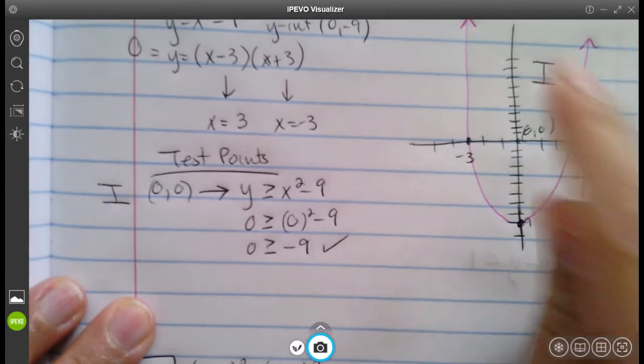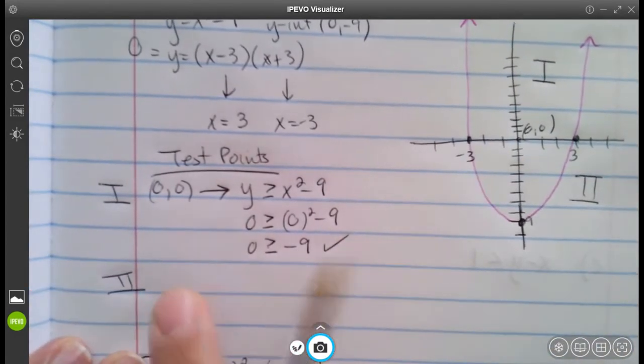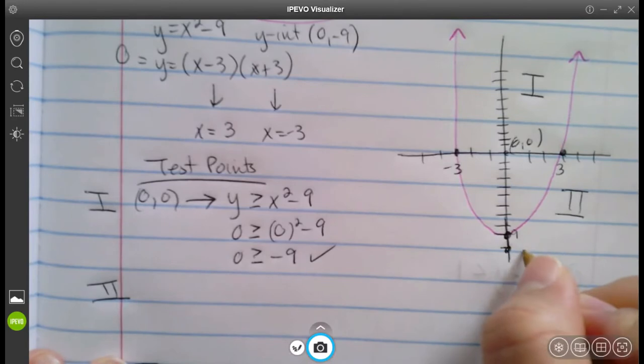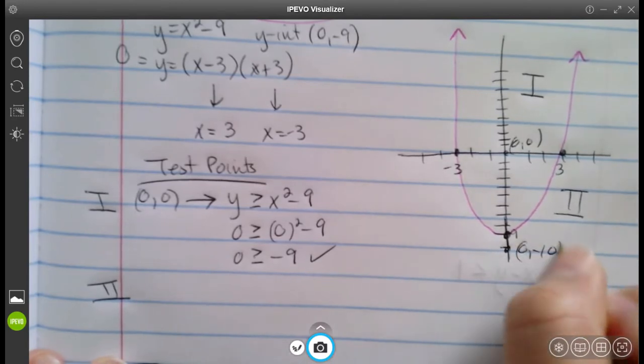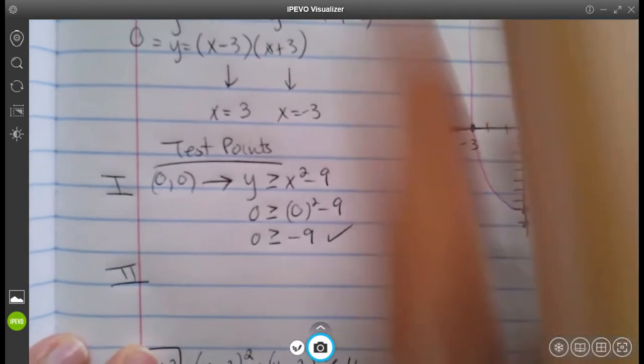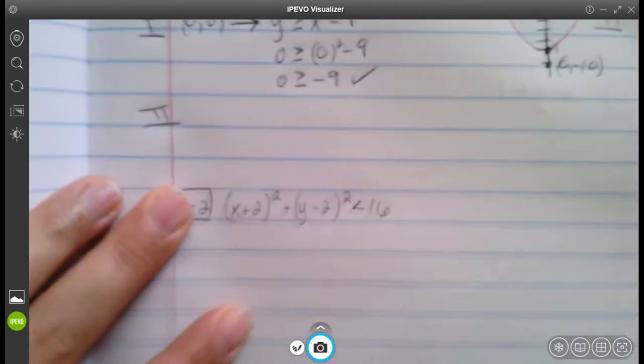So it looks like region 1 is going to be my answer, but let's say it wasn't. We have to check the second one. For the second region, I have to choose anything that's out here. So I'm going to use 0, negative 10, because why not? It has 0 in it, so might as well, right? And we're going to plug that one into our equation.